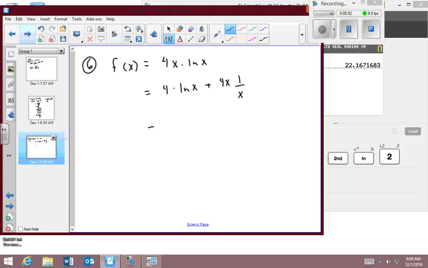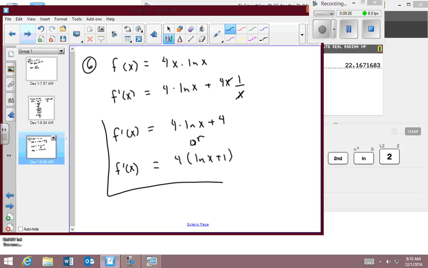So what we have, 4 ln x plus 4. Or, you know, you could, if you wanted to, this is the derivative. And if I'm looking for an answer, I'd take either one of those.